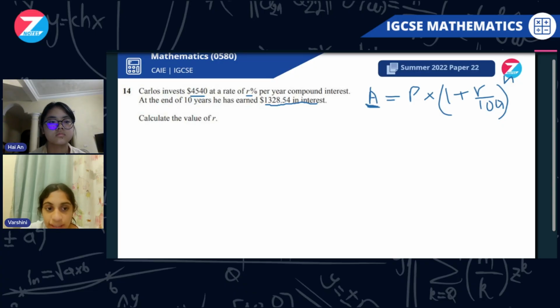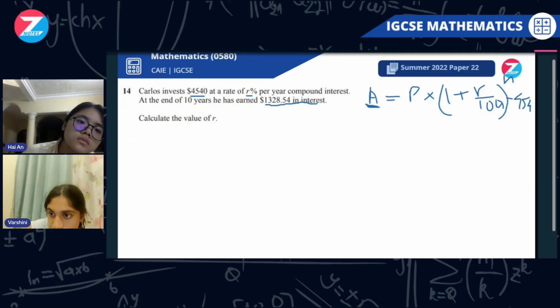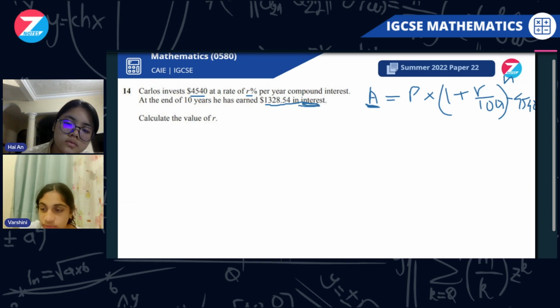So to find just the interest he earns, we'd have to subtract 4540. So now to find the amount, we're going to have to add 4540 to what he's earned, 1328.54.